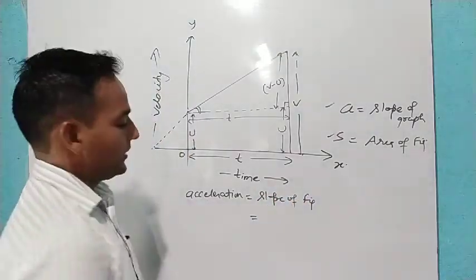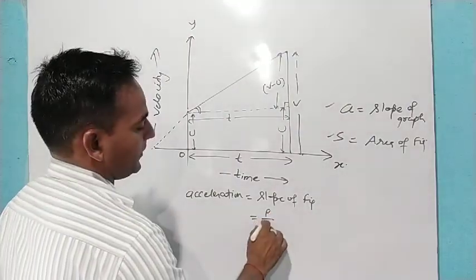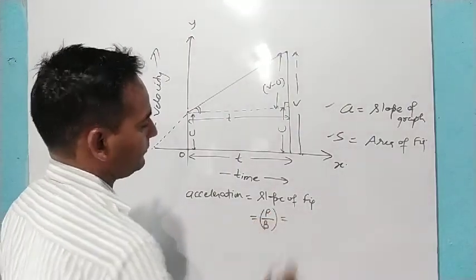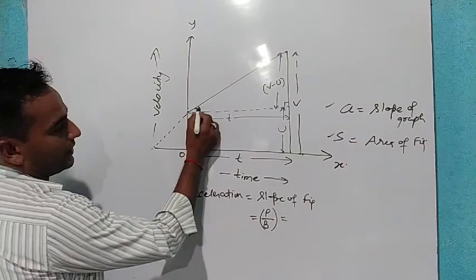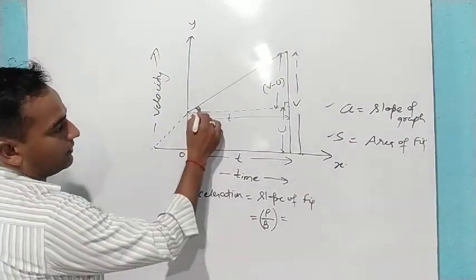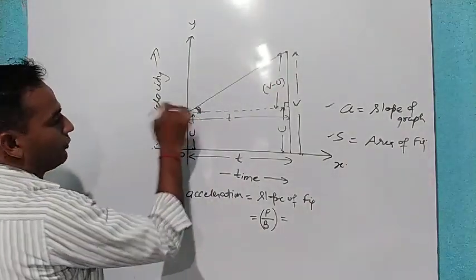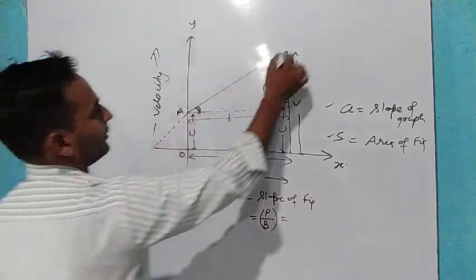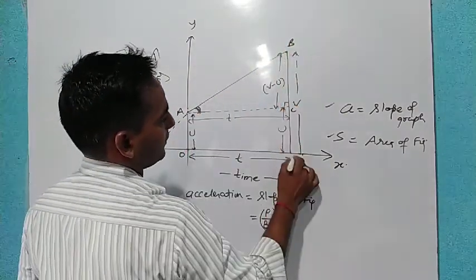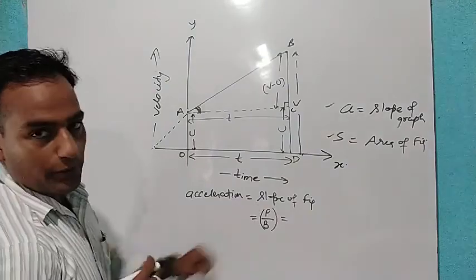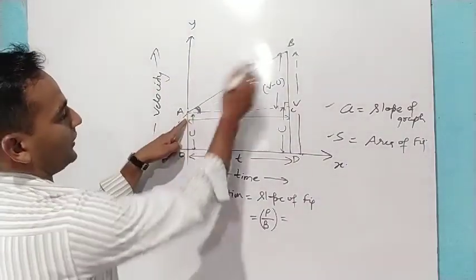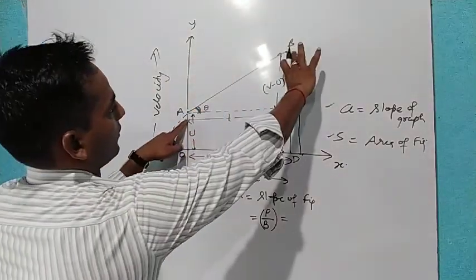And we all know slope means perpendicular upon base. So in trigonometry we have done, if this is theta, perpendicular will be this one. This one you can write as O, A, B, C, D. Perpendicular upon base. In front of theta, this is the perpendicular, BC.